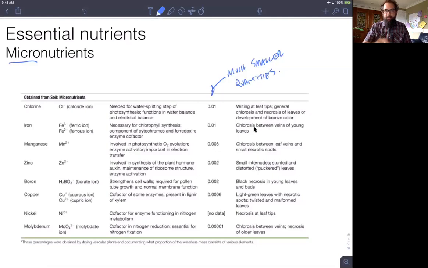And without them, there are different types of symptoms that actually occur. And so these range from things like having chlorosis or yellowing between the veins to necrotic tissue, death of tissues, and each essential nutrient actually has its own symptoms associated with that. And I don't know about you, but when I tell people that I'm a botanist, one of the things that almost always comes up is, oh, I have this houseplant at home and the leaves are turning yellow.